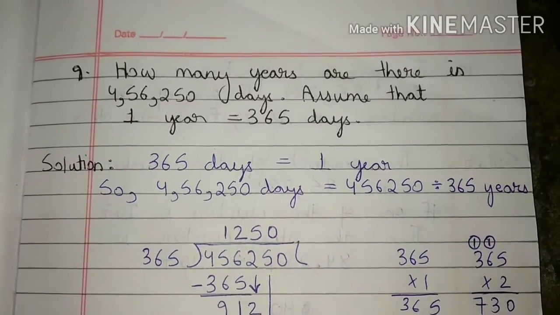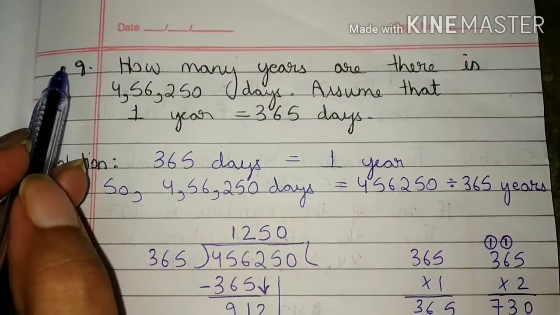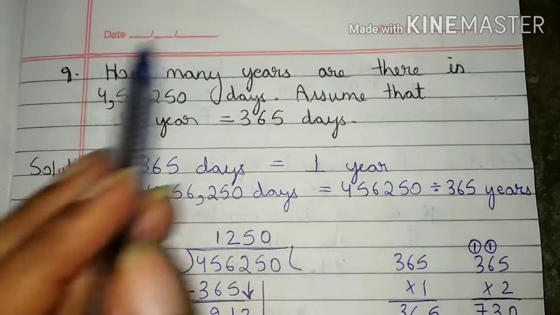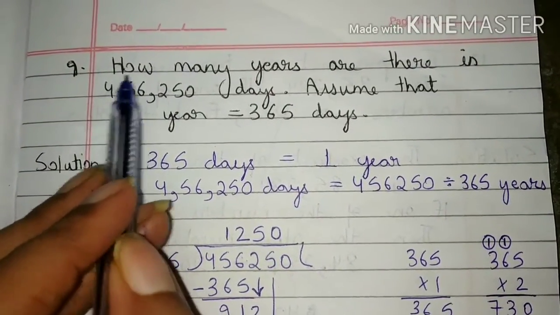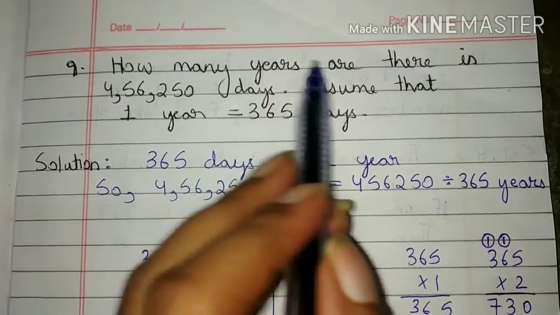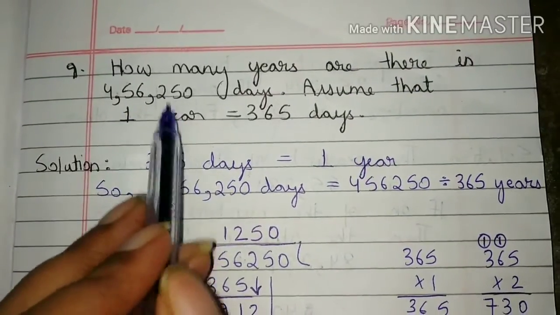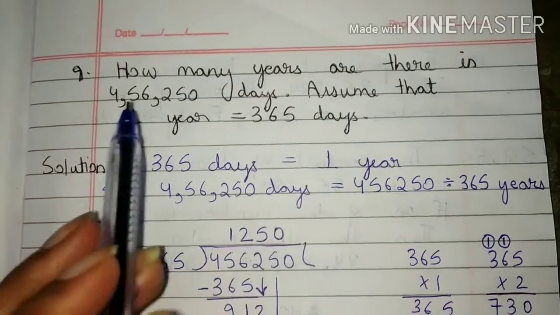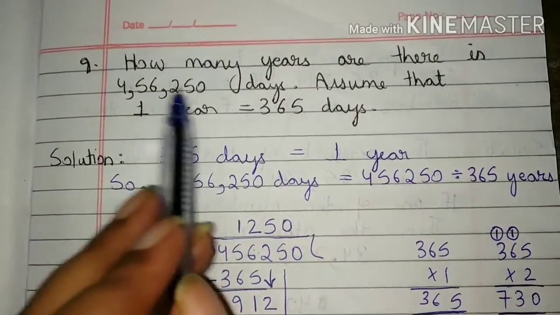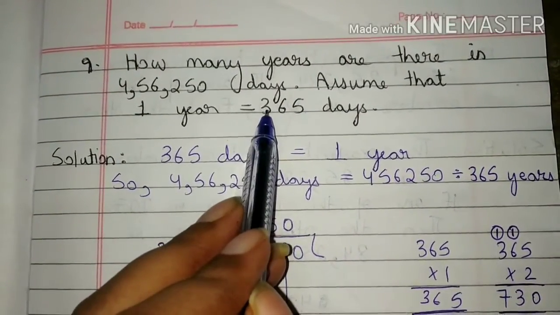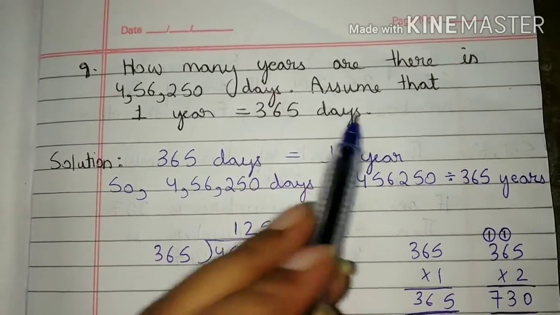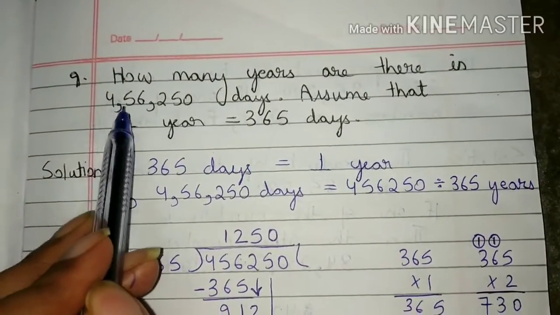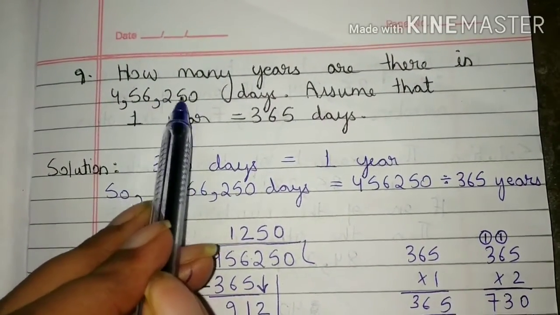Students, now come to question 9. How many years are there in 4,56,250 days? Assume that 1 year is equal to 365 days. Students, here it is saying that if 1 year is equal to 365 days, then how many years are there in 4,56,250 days?